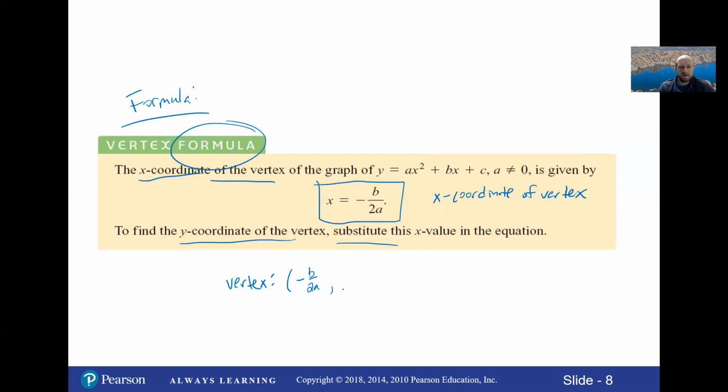That's our x value. And then I substitute whatever this is back into the original equation, back into this f. Again, y is equal to f of x. I substitute that in to find the y value, or f of -b/2a. Okay, that's the vertex.